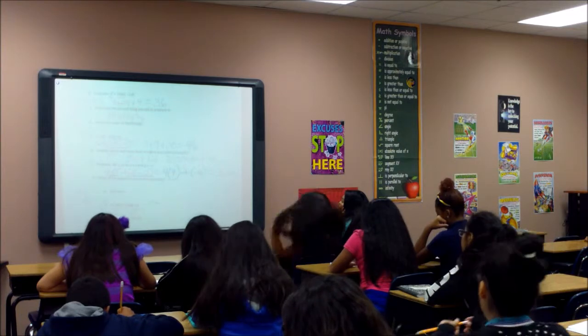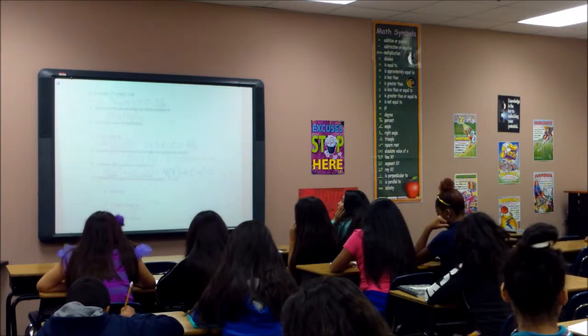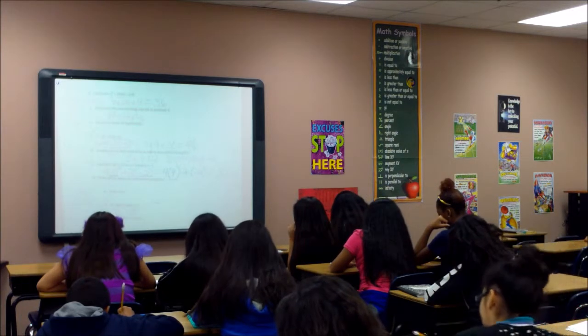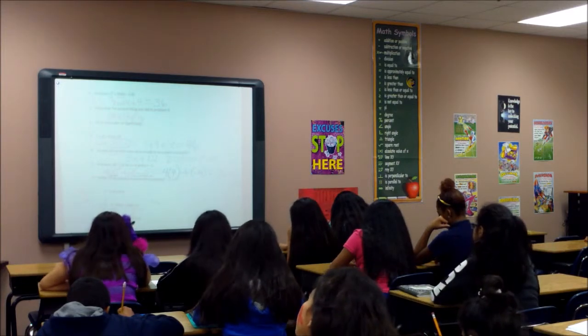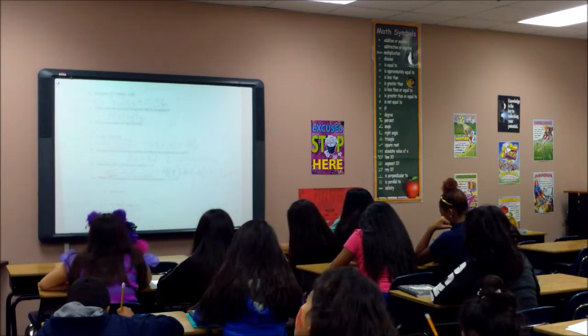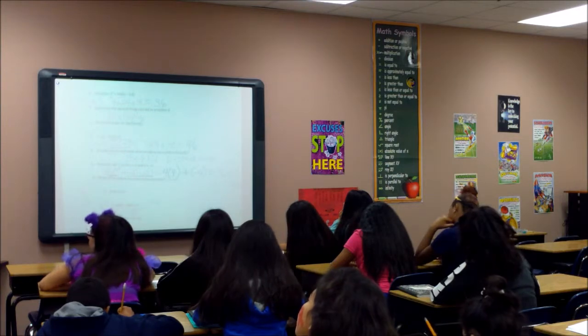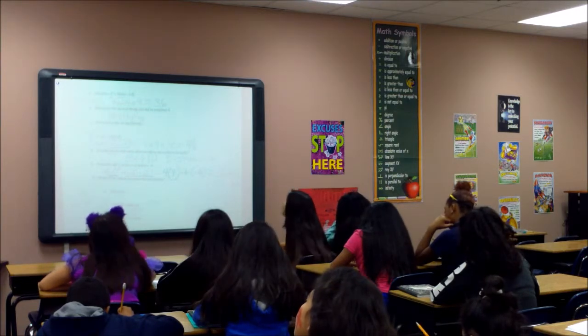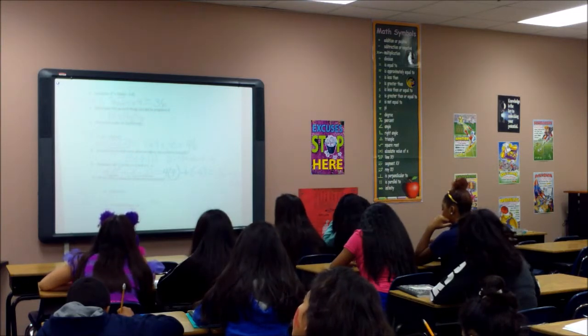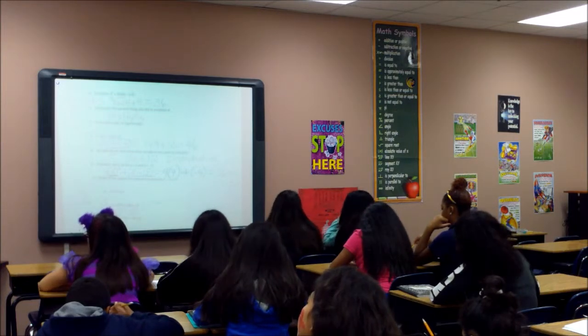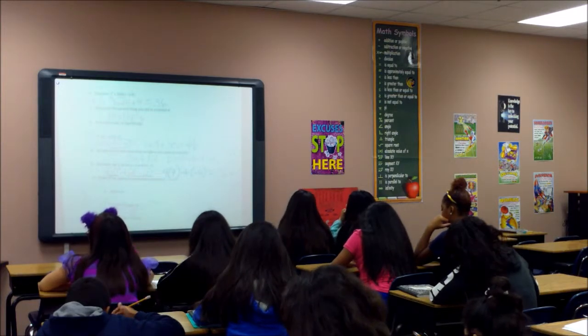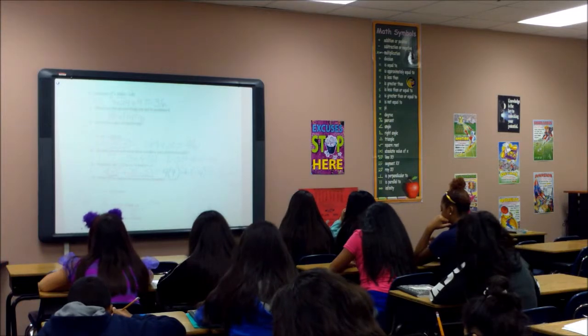All right, number 8 said simplify 3 times x plus 4 and then state what property you use to simplify it. That is what we just learned on Wednesday. That's the distributive property. Whatever number is on the outside will be multiplied by every term on the inside of the parentheses.